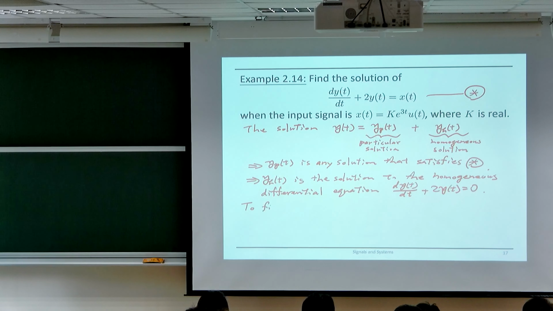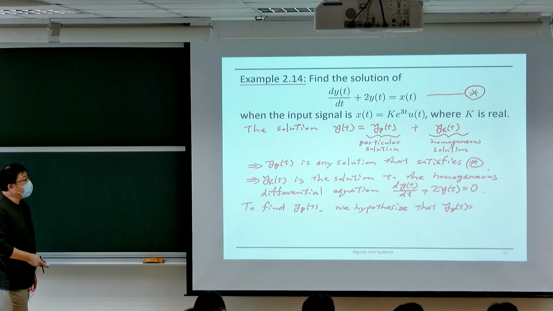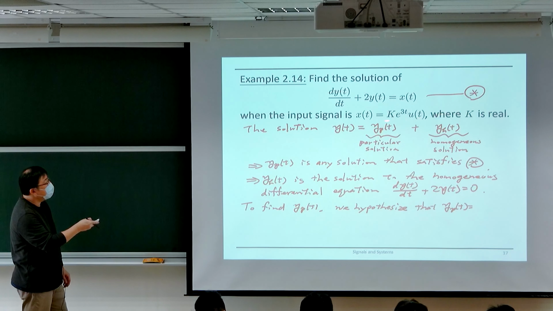So to find y sub p of t, we start by guessing, or we hypothesize, that y sub p of t should take on the same form as the input.